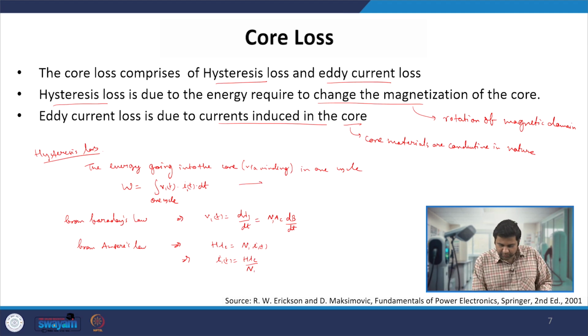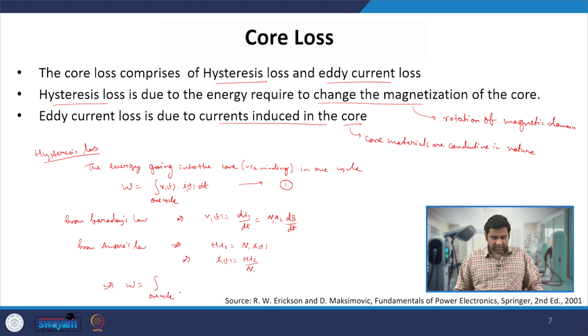Now I can put this into equation number 1, and the energy lost in one cycle, or energy going into the winding in one cycle, because that energy is going into the core and gets lost, is the integral of N1 Ac dB by dt times H Lc by N1 dt.